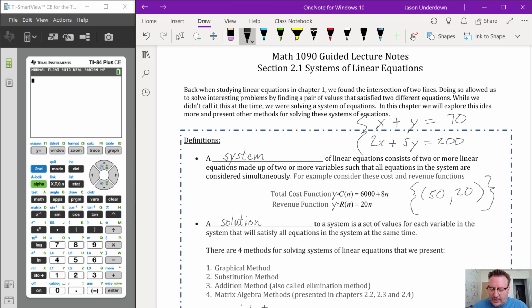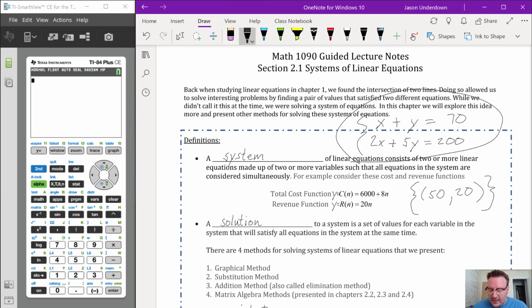So I've drawn an example over here. Here's an example linear system, and this is how we usually write such a linear system. I have x plus y equals 70 and 2x plus 5y equals 200.